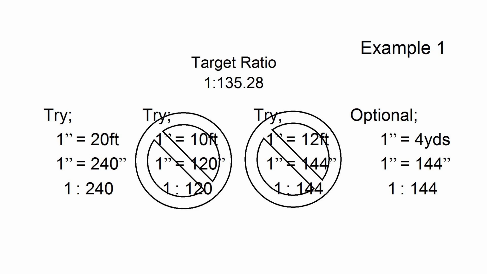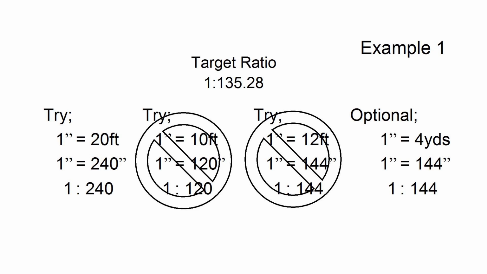But our original dimensions were in feet. There may be a preference of using feet rather than using yards. In our course, this ratio of 1 inch equals 4 yards has no problems. So that would be acceptable. However, the preference in our situation here would be to use feet, since that's the original question given in feet.